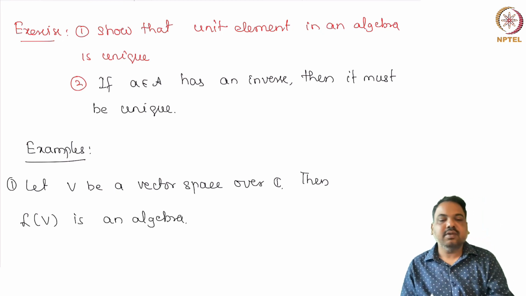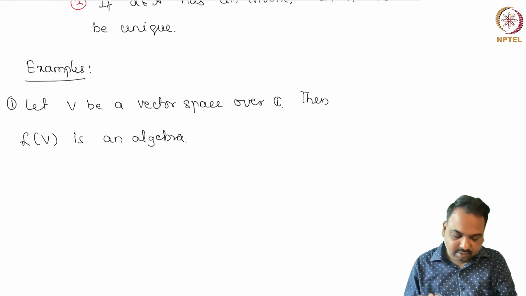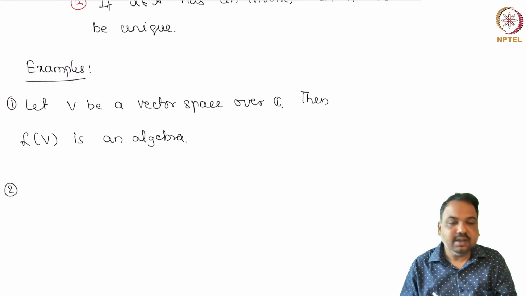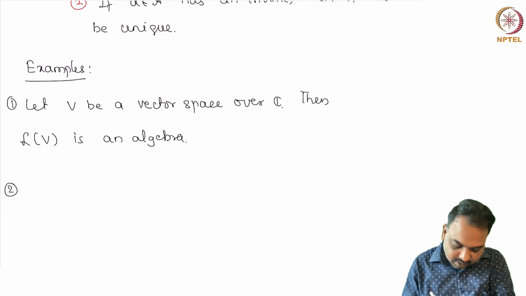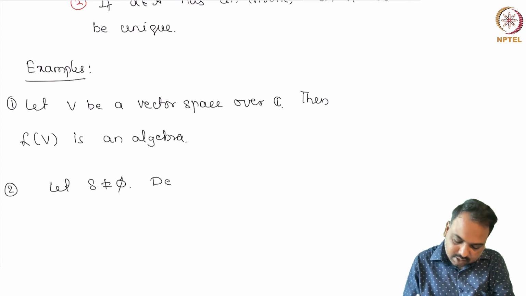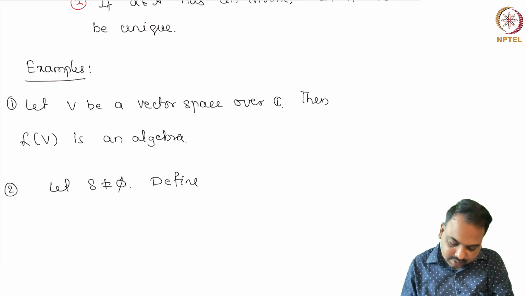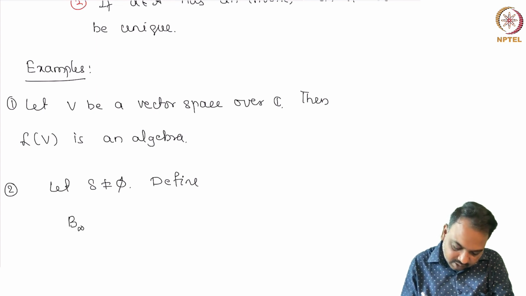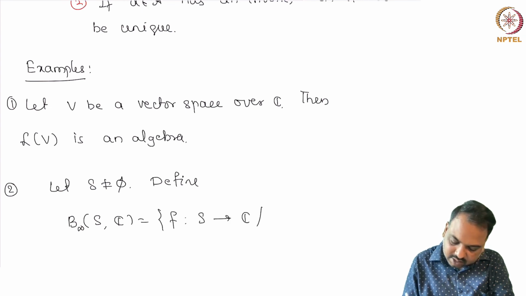Here multiplication of operators is nothing but composition of two operators. The second example we can look at is, let S be a non-empty set. Define B infinity of S, C, the set of all functions from S to C such that F is bounded.